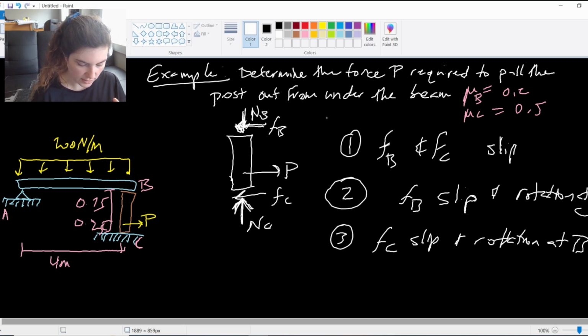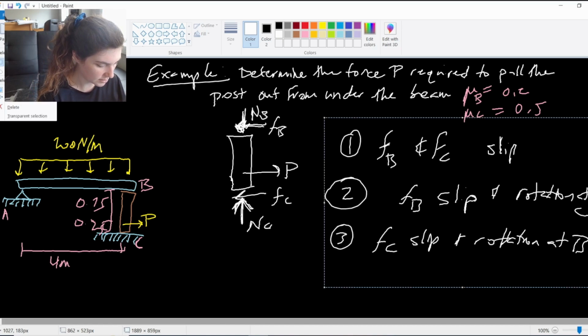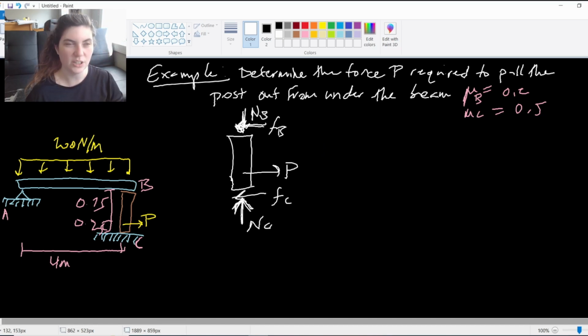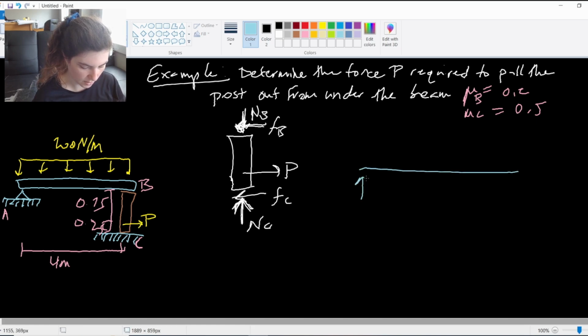So now that we know these conditions, let's go ahead and find our frictional forces. Looking at this, we can already tell that with this one portion of our beam, there are way too many unknowns for our equilibrium equations. So we're going to want to go back to our full beam. Let's make a quick free body diagram for that full beam.